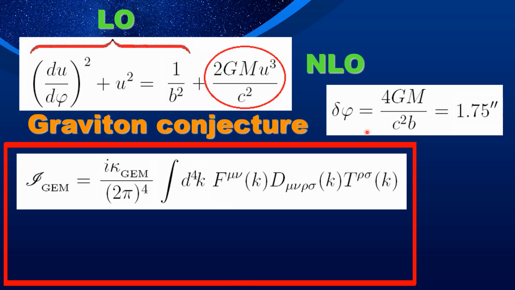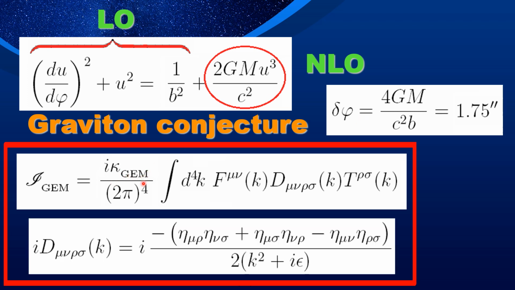In this interaction term, again, we find the coupling constant K_GEM, based on this correlation propagator, the graviton propagator, that couples together the electromagnetic tensor, so electromagnetic forces, and the energy momentum tensor due to a given gravitational field.